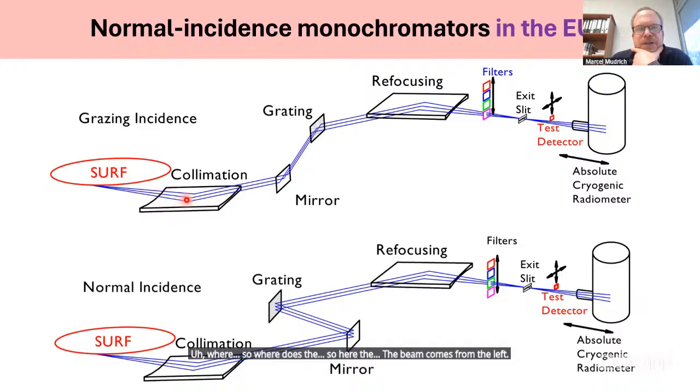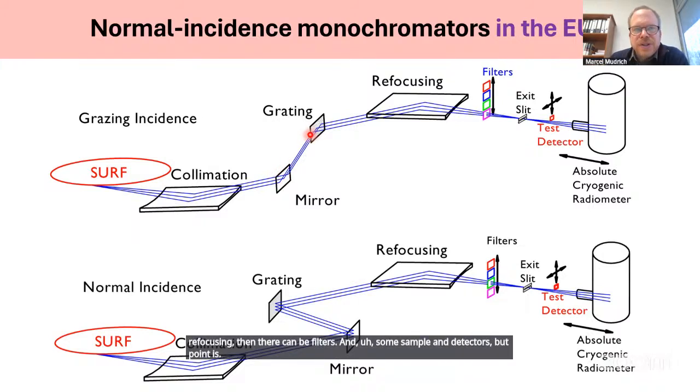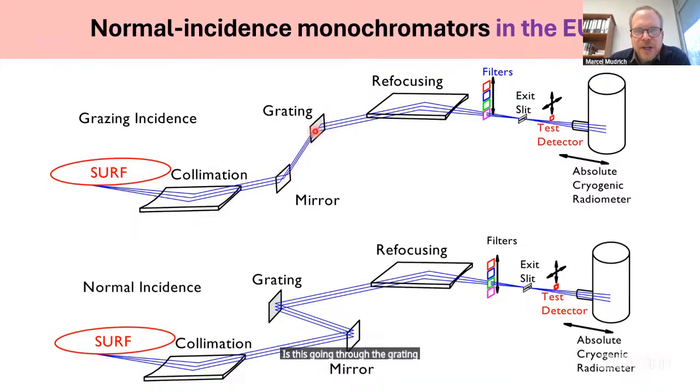It's collimated by a curved mirror and then bent by another mirror, the grating, and refocused. Then there can be filters, some sample and detectors. But the point is, this is going through the grating at some small angle.